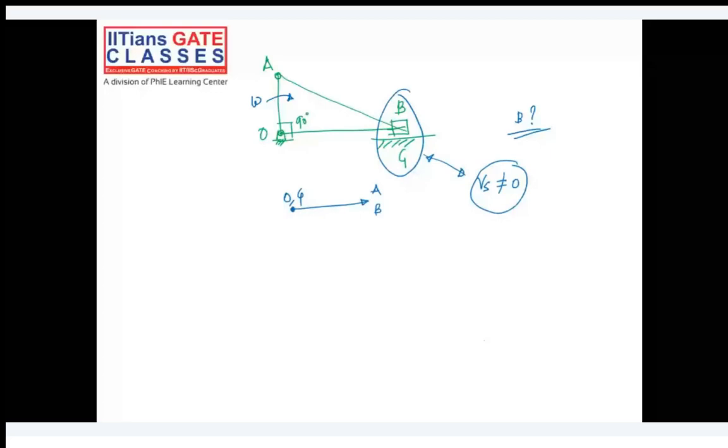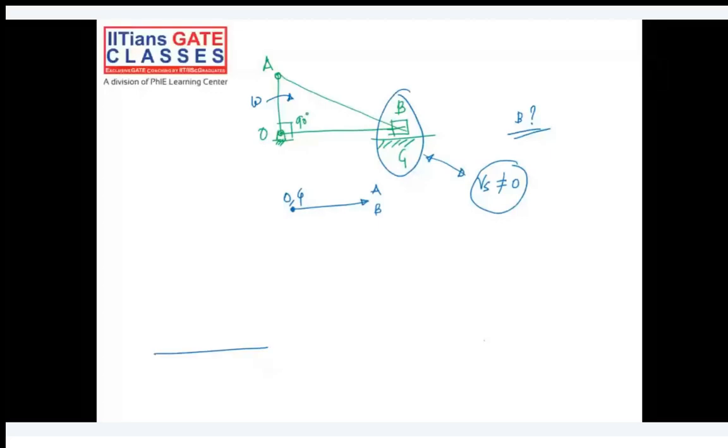At this point we have O, A, B, and G, and this is a 90 degree angle. So this is a 4-bar chain, and in the 4-bar chain I am now creating a 90-degree angle between two links. Can you tell me how the velocity diagram will look?